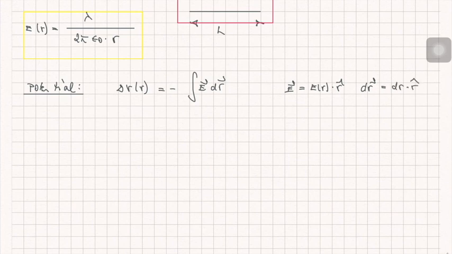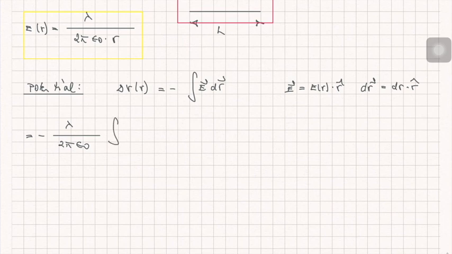We end up with a product of the magnitude of the electrical field times dr, and have an integral from the inner to the outer radius. So what do we end up with? Minus. Now there are lots of constants for the electrical field: lambda divided by 2 pi epsilon naught.